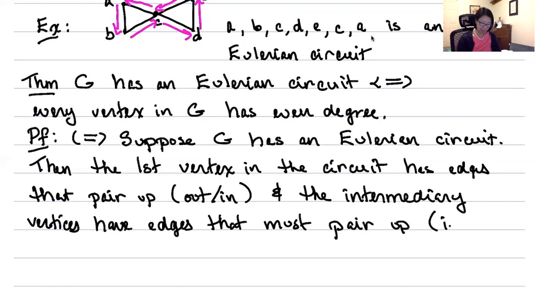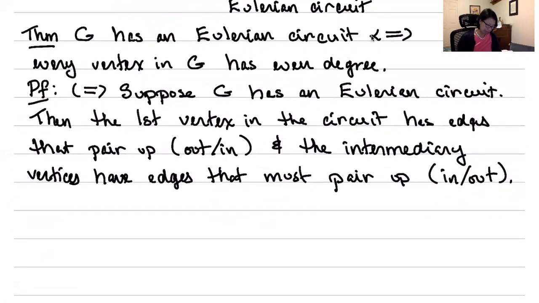If it's an intermediary vertex, I come in and then I have to get out again, so they pair up as in-outs. Because I don't get stuck at any vertex in the middle, and I can eventually come back to my starting vertex having used all the edges adjacent to it, the edges at each vertex have to pair as outs and ins or ins and outs.